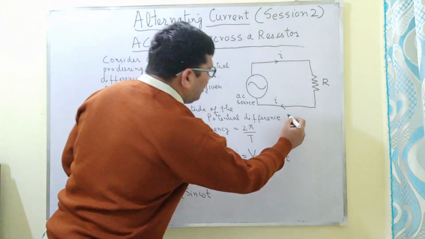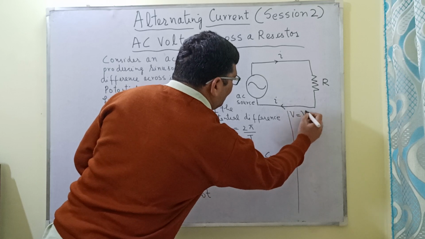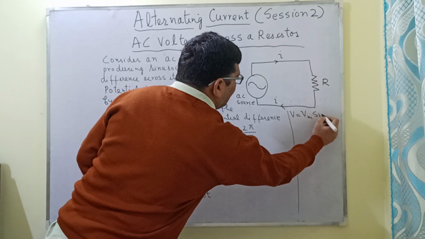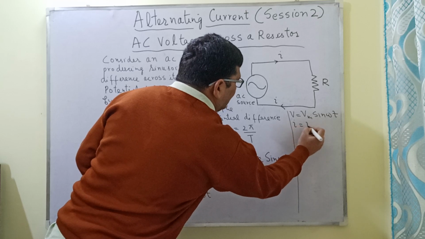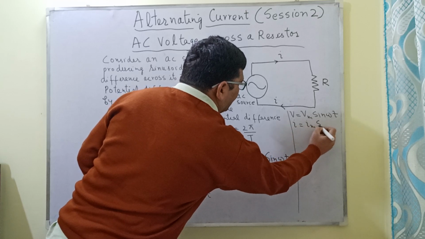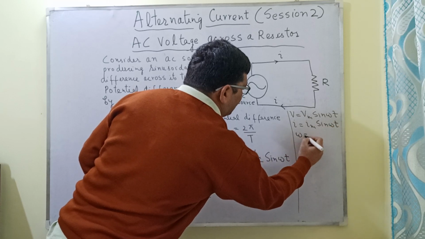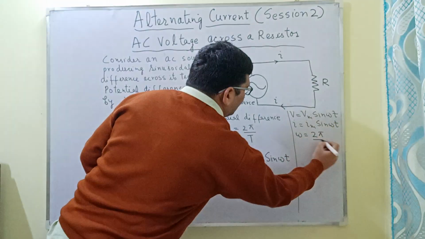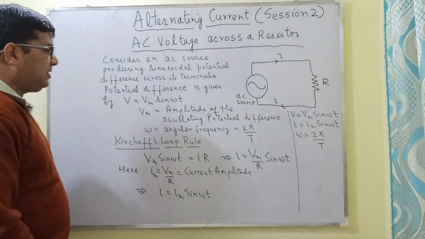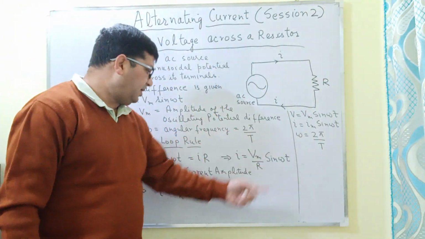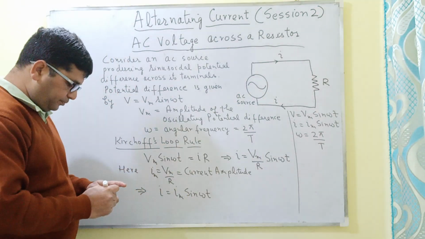So V is equal to Vm sin omega t, I is equal to Im sin omega t, and omega is equal to 2 pi upon T. These are the three important relations which we have got.